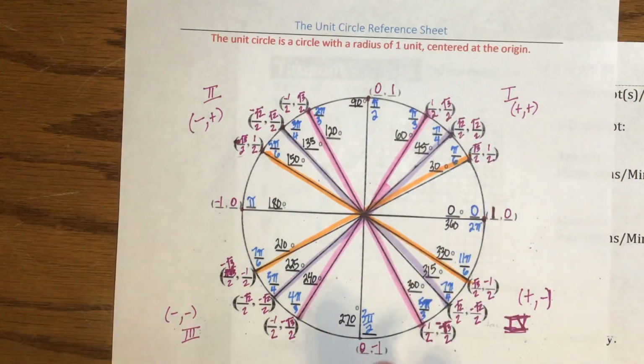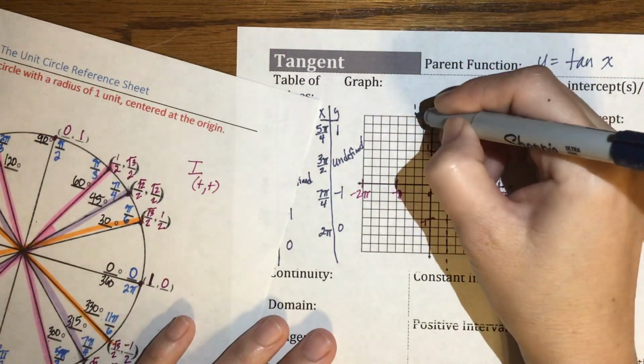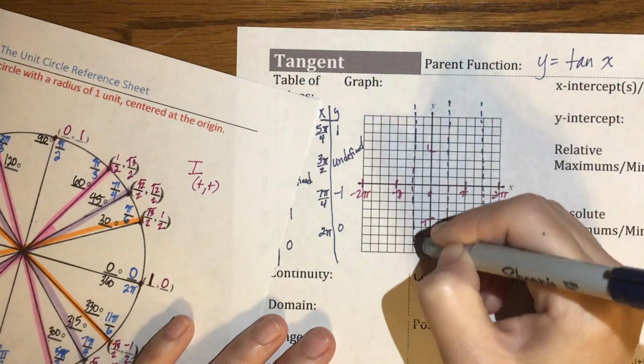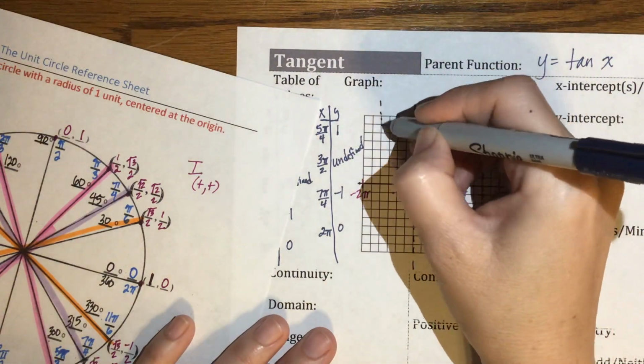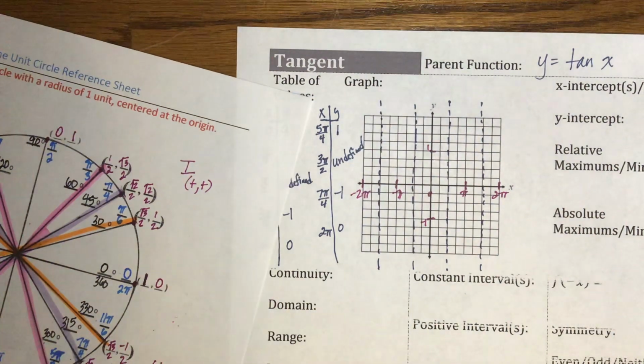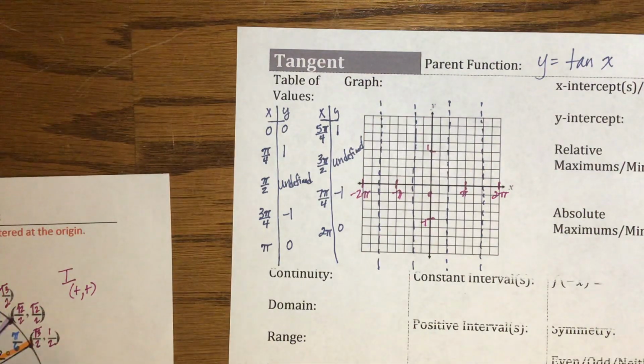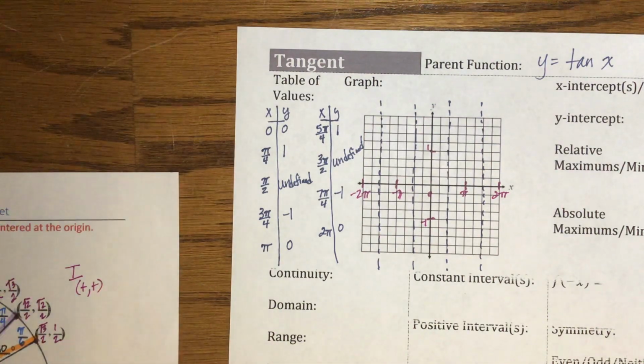At negative pi over 2, negative 1 over 0. No, can't have it. And then also at negative 3 pi over 2. Yeah, that's right. Sorry. I thought I was wrong, but I wasn't, of course.